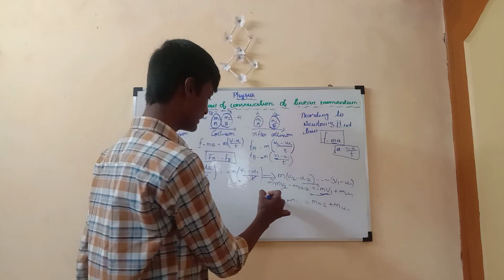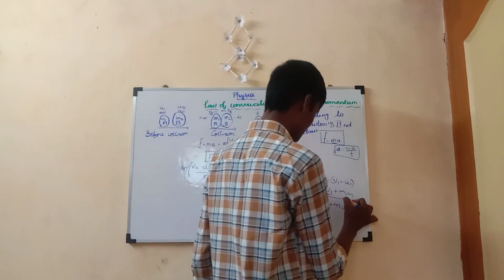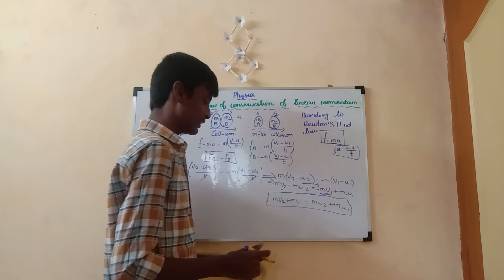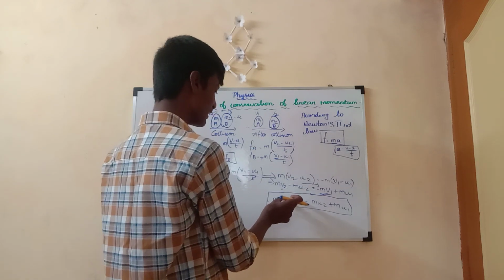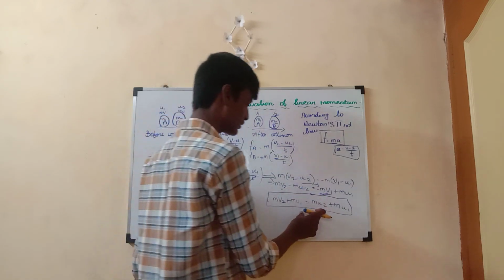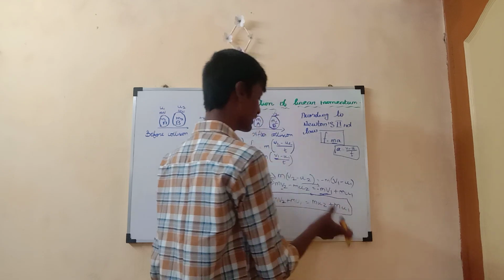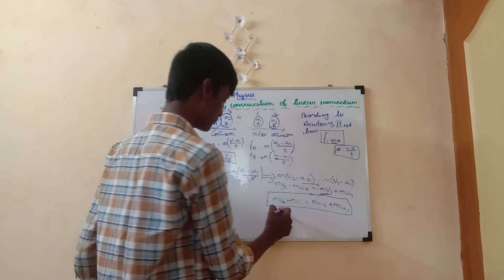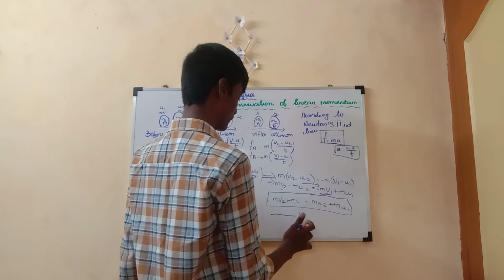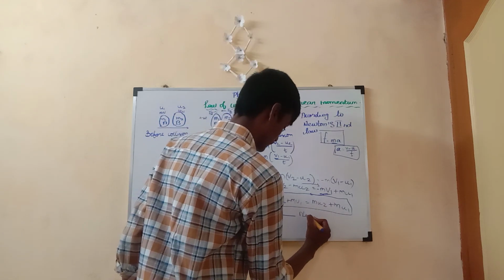So this is the final answer of the law of conservation of linear momentum. That means the total final momentum of the two objects is equal to the total initial momentum. Hence proved.